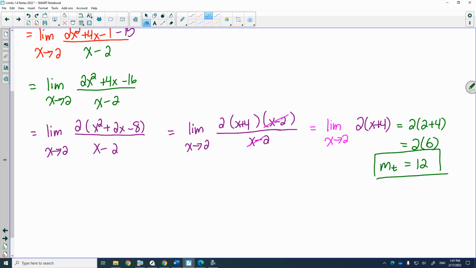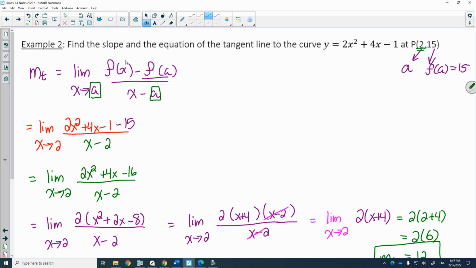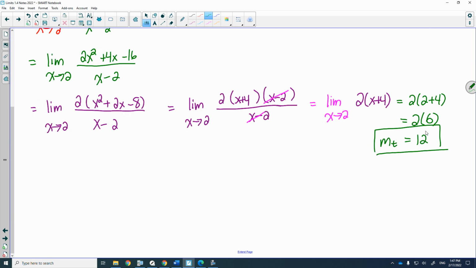The question says, what is the slope of the tangent line and the equation of the tangent line? So we're going to find the equation of the tangent line at that given point on this curve. If that's the slope and the point on the curve is (2, 15), we could find the equation of the tangent line by using the formula y minus y1 is equal to the slope times x minus x1.